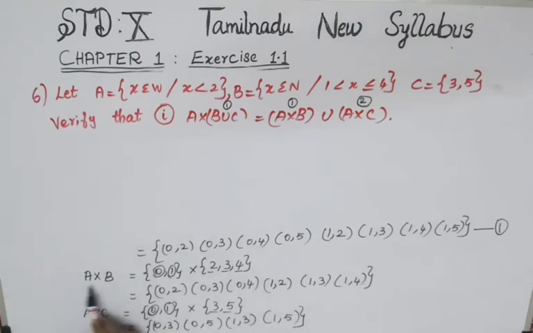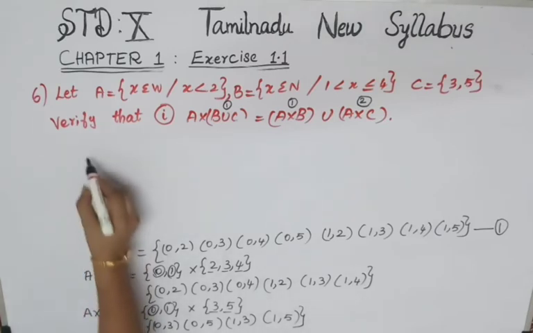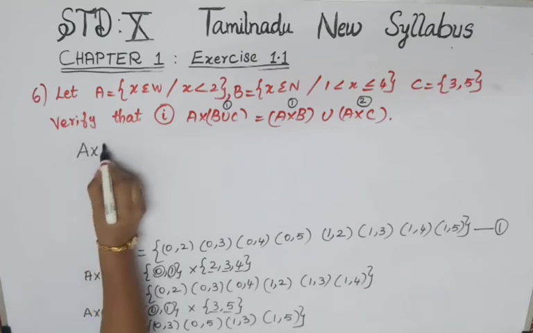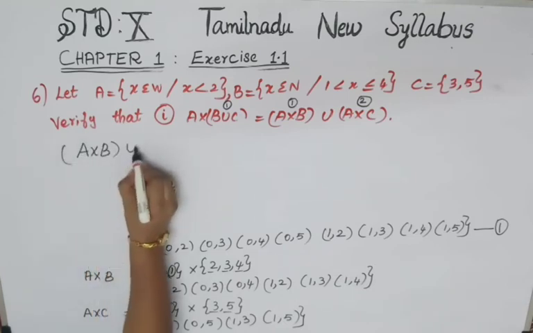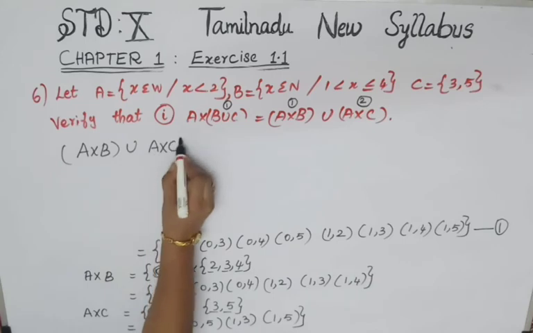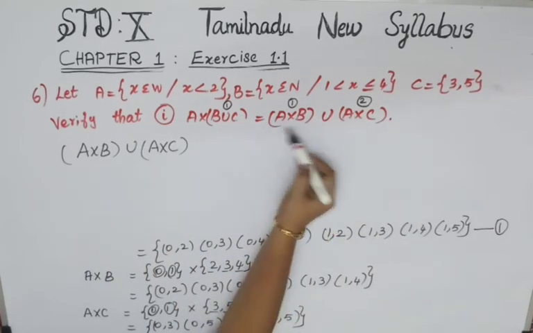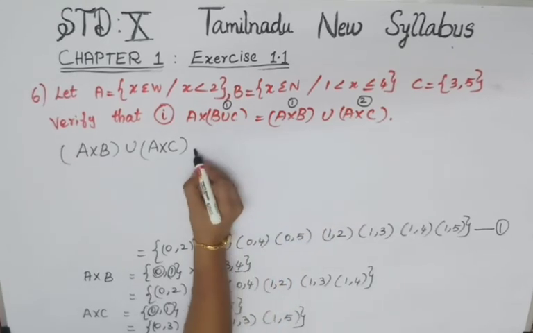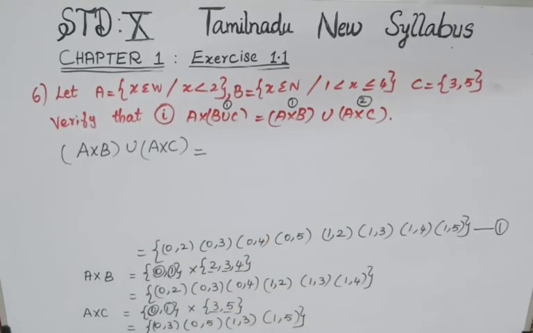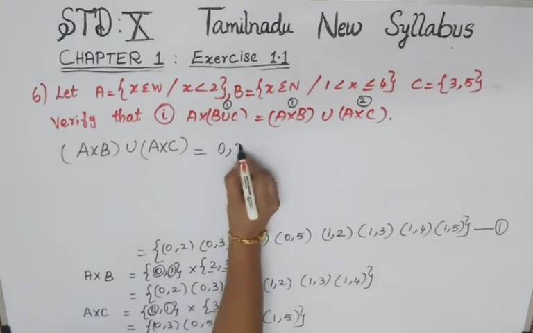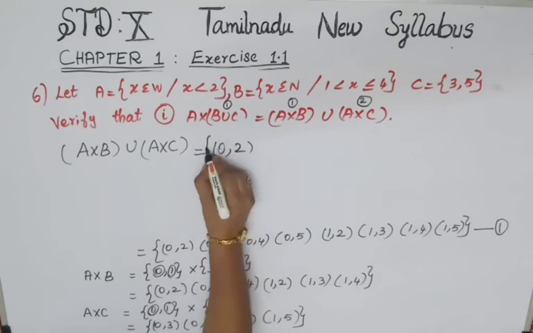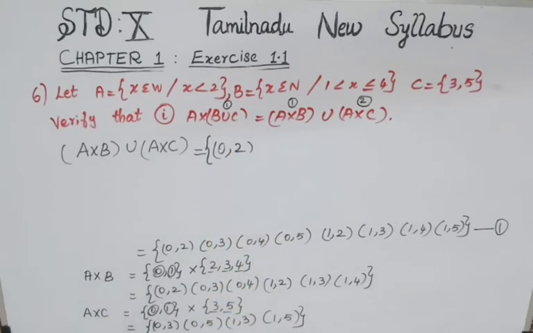Once you have finished A × B and A × C, what you will have to find is (A × B) ∪ (A × C). That is your third step. A × B we have done, A × C we have done. Once you finish, you will have to join them. Union is joining all the elements. So write what terms are here. (0,2) is there, so I'll write (0,2). You write all the terms only once. Then (0,3), repeated twice, so write once.